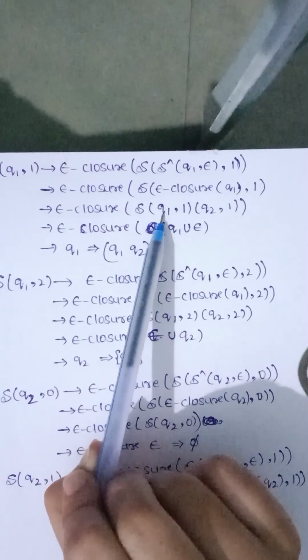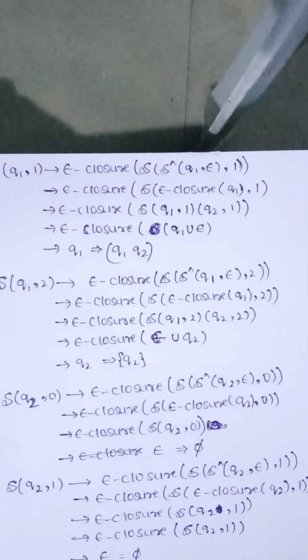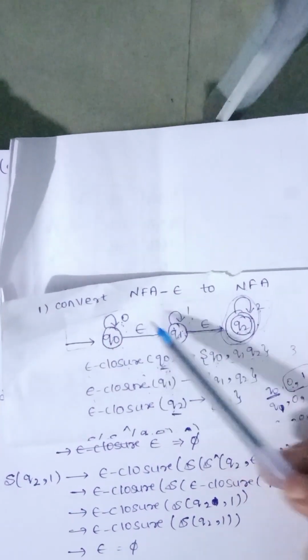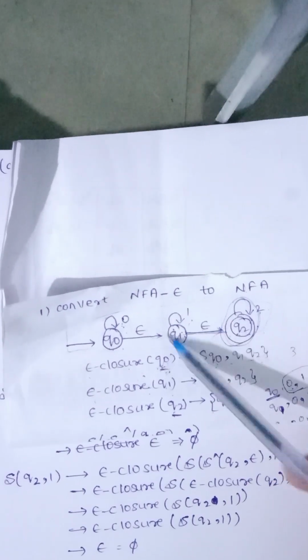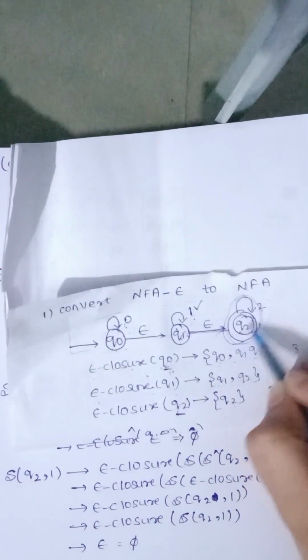Is there any transition from q1 with 1? Just check the diagram. Is there any transition for q0 with 1? No. q1 with 1? Yes. For q2, no transition.